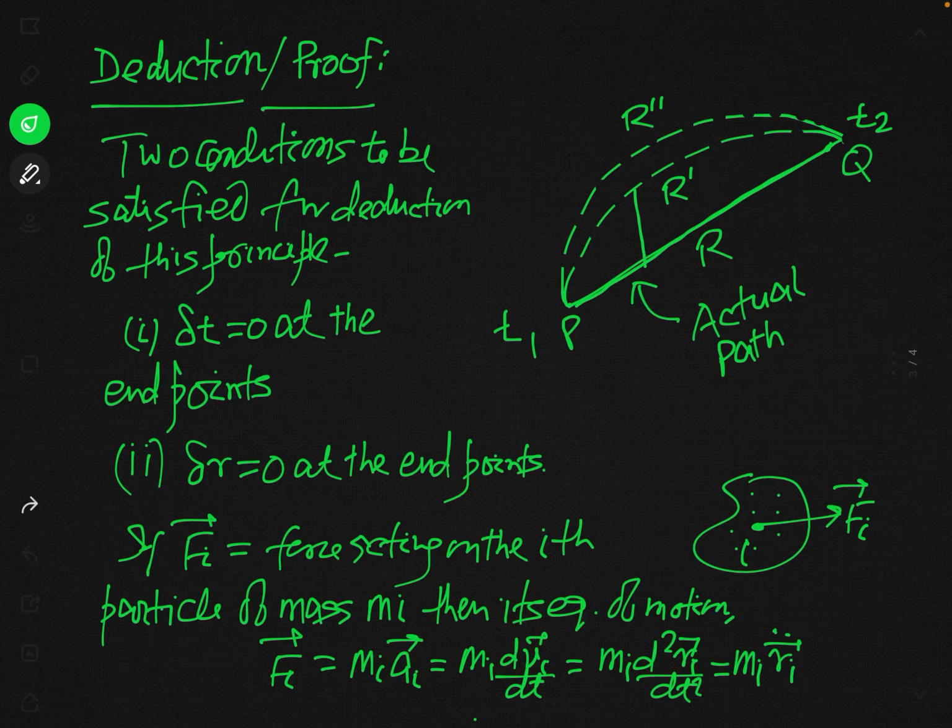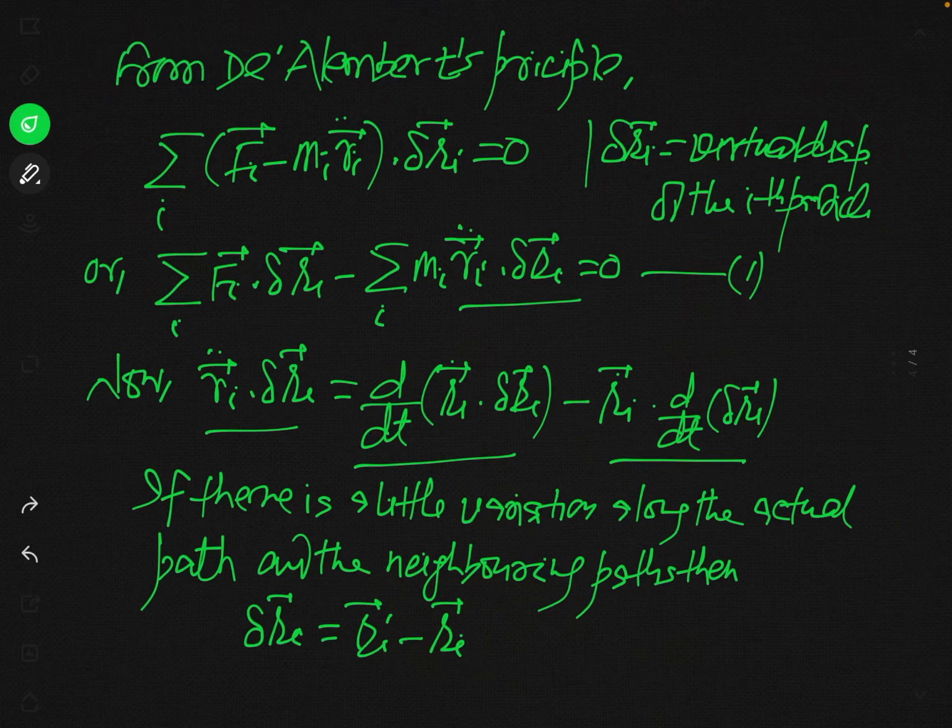You can see here, if we consider that this point has position vector Ri relative to some origin, then this point will have position vector Ri prime relative to the same origin. So this prime has been used for the neighboring path, and if you have defined this delta Ri in this manner, then what can we write for d dt delta Ri?